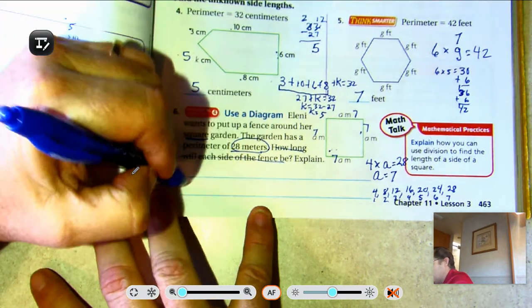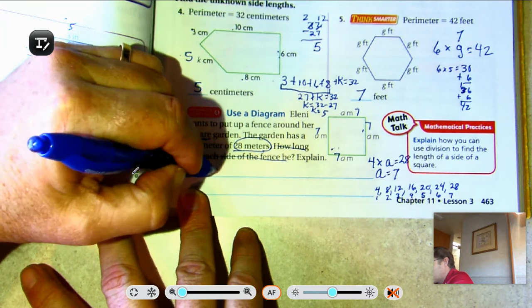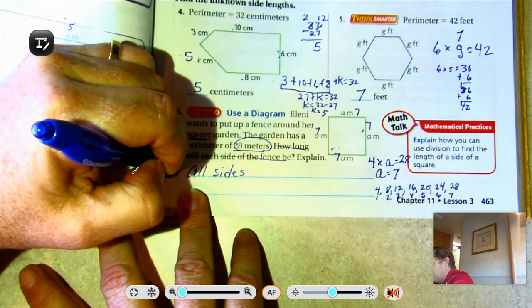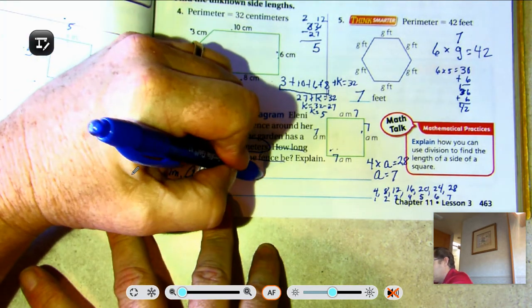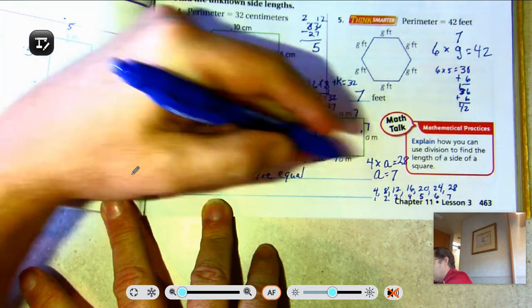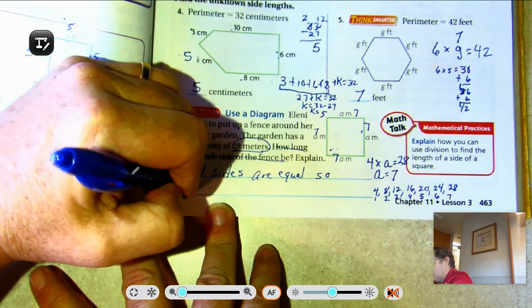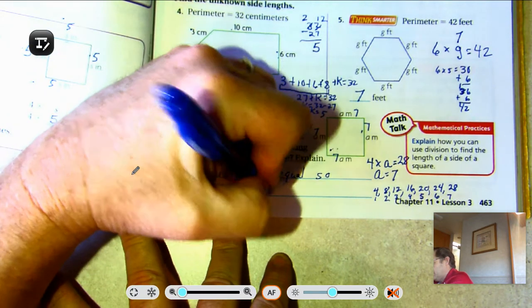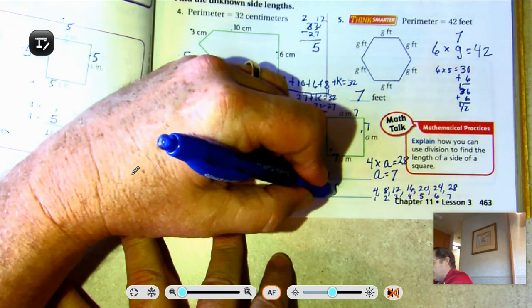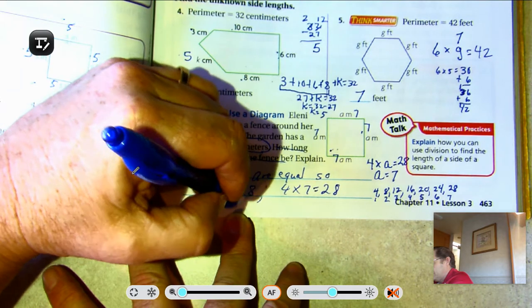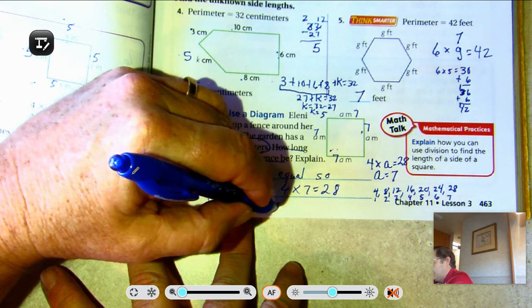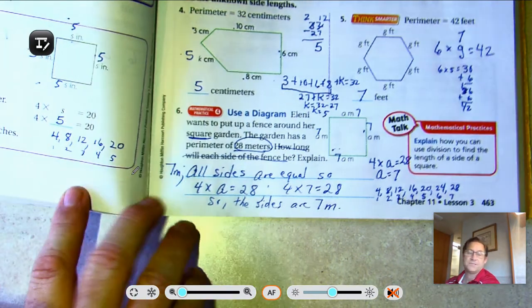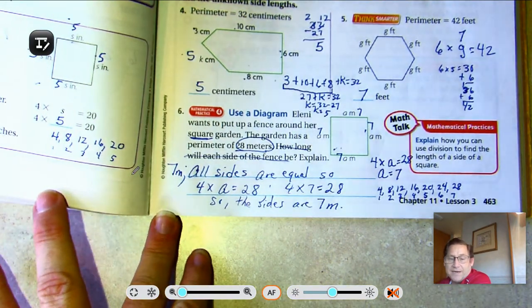Okay, so the answer is 7 meters. How to explain how we got that?